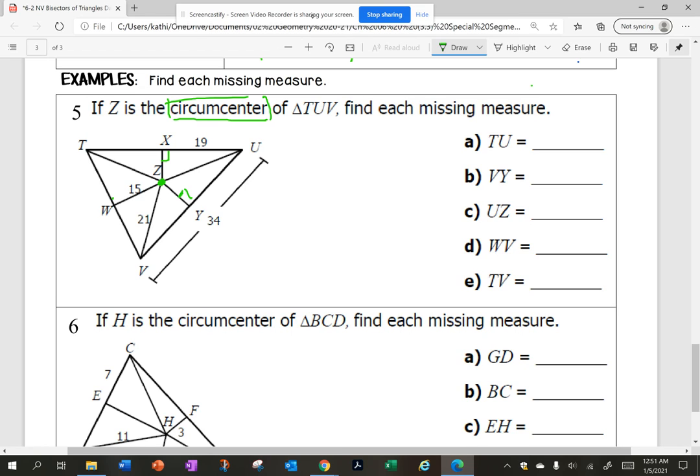So these are my perpendicular bisectors. So I know that these two segments are congruent because that's the midpoint. These two segments are congruent. These two segments are congruent. And then from the vertex, these segments are congruent.